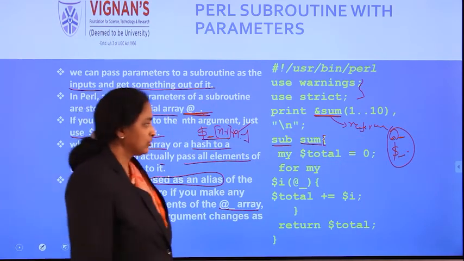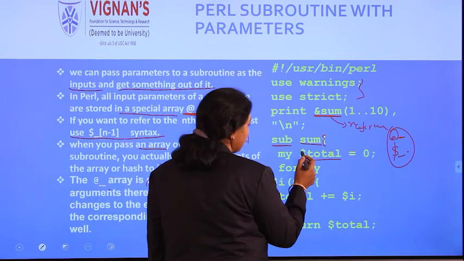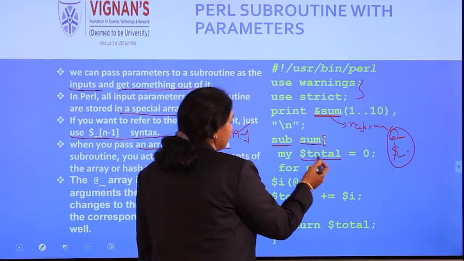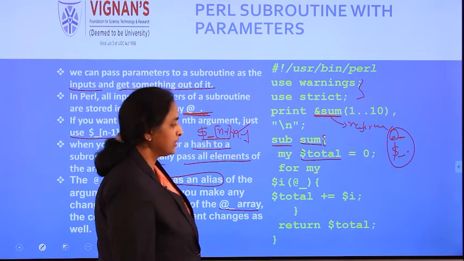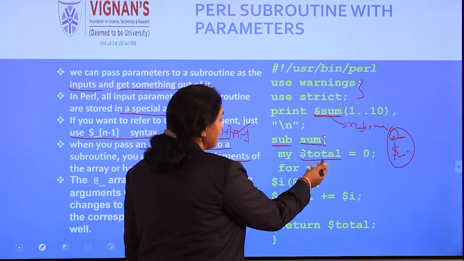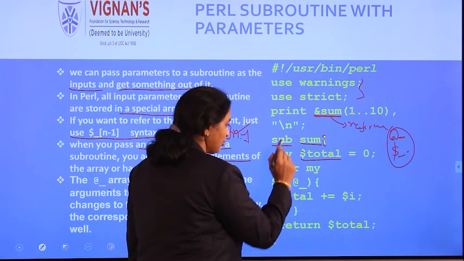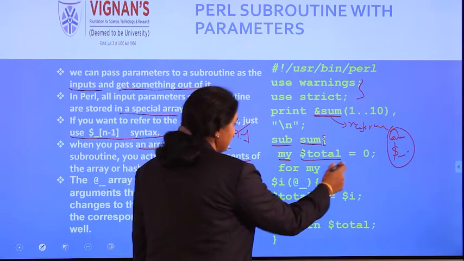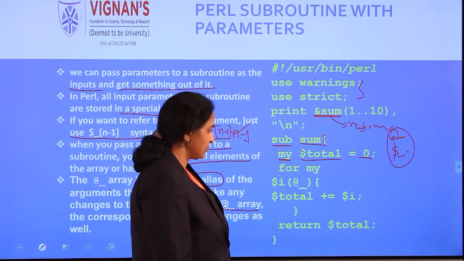That means total is a scalar variable. Since it is preceded by dollar, by seeing this dollar symbol you can easily understand that it is a scalar variable. And my makes it a local variable that is initialized with 0. So this is the initialization statement.